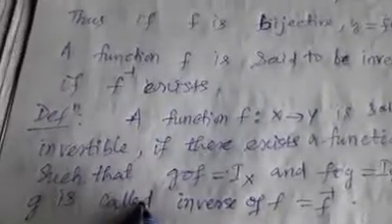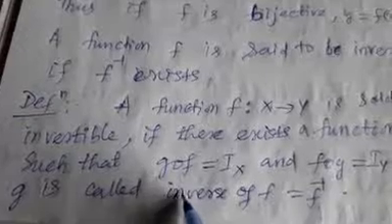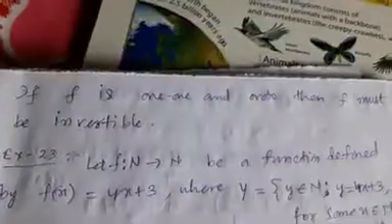Then the function g is called the inverse function, or g is the inverse of f, which is equal to f inverse. If f is 1-1 and onto, then f must be invertible.